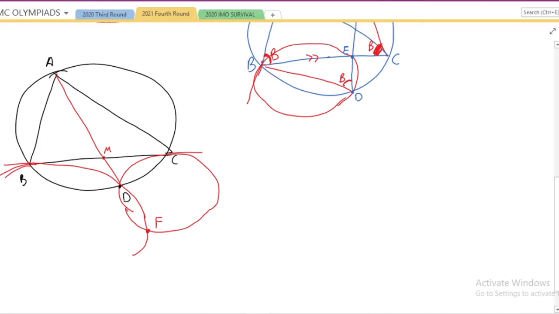All right, so we're going to claim once more. So this time this is claim 3, and the claim is that M is the midpoint of AF, or F is the reflection of A over M. So to do that, we're going to actually prove something more, which is that ABFC is a parallelogram.